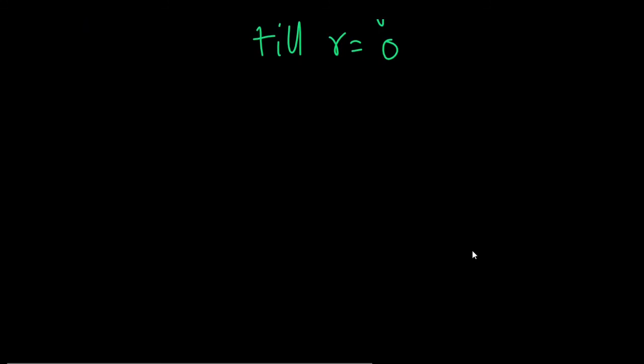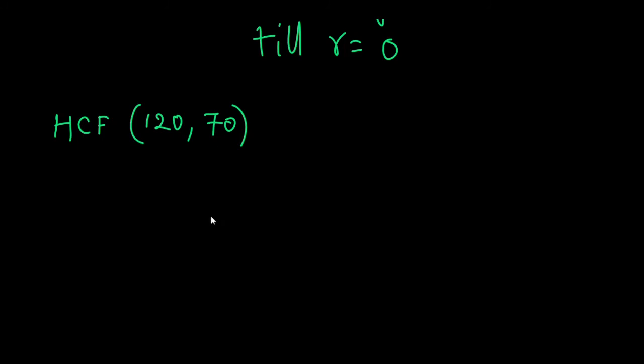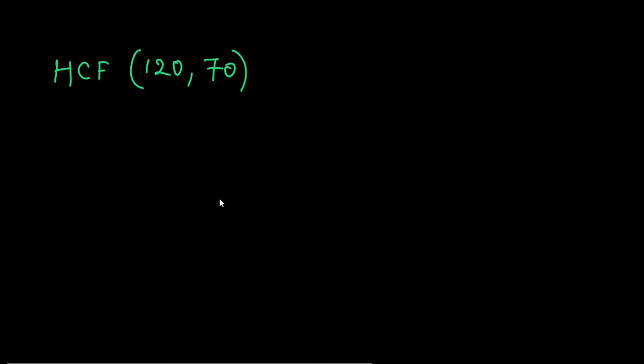Now let us see this process to find out HCF of 120 and 70. We want to find HCF of 120 and 70 using Euclid's algorithm.